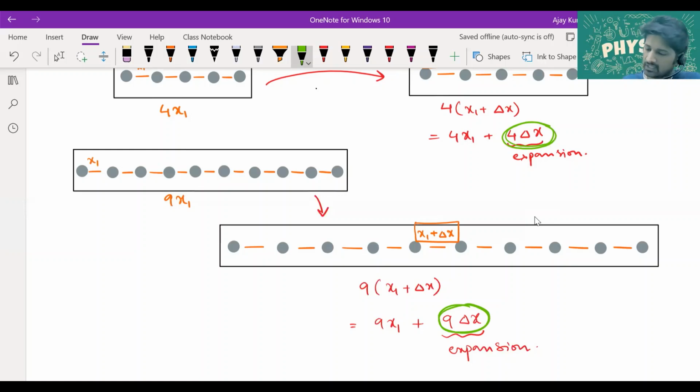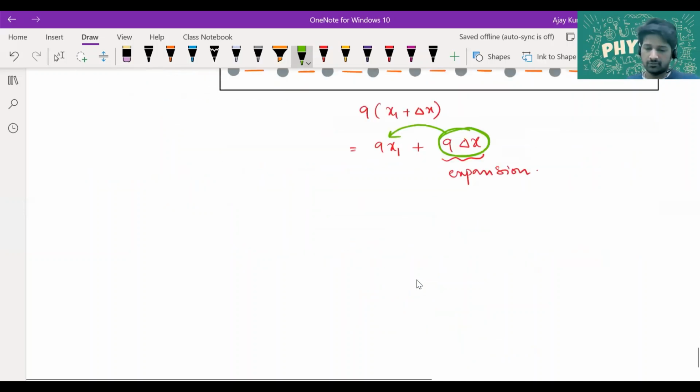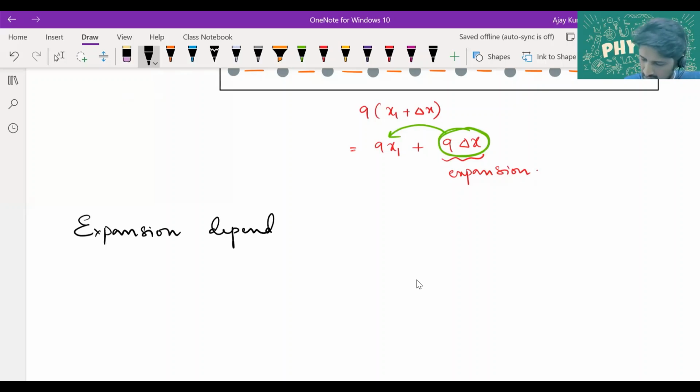When the original length is 4x1, the expansion is 4 delta x. When the original length is 9x1, the expansion is 9 delta x. So the more the original length, the more the expansion. Therefore, thermal expansion, meaning how much an object expands when you raise its temperature, depends on its initial dimensions.